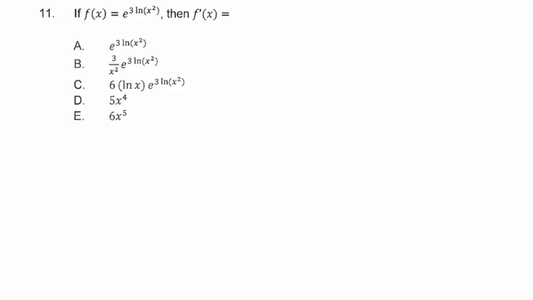Next, 11. If f of x equals e to the power of 3 ln x squared, then f prime of x equals. Now for this one, it really helps us a lot to understand our properties of logarithms.